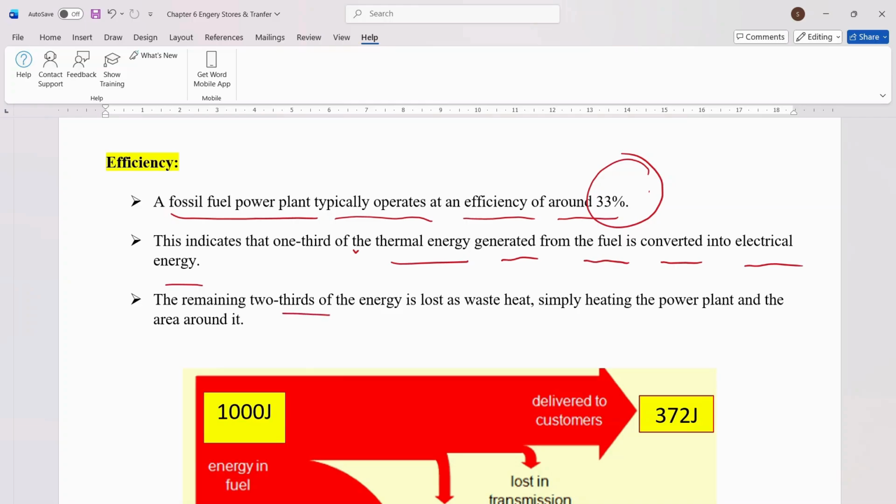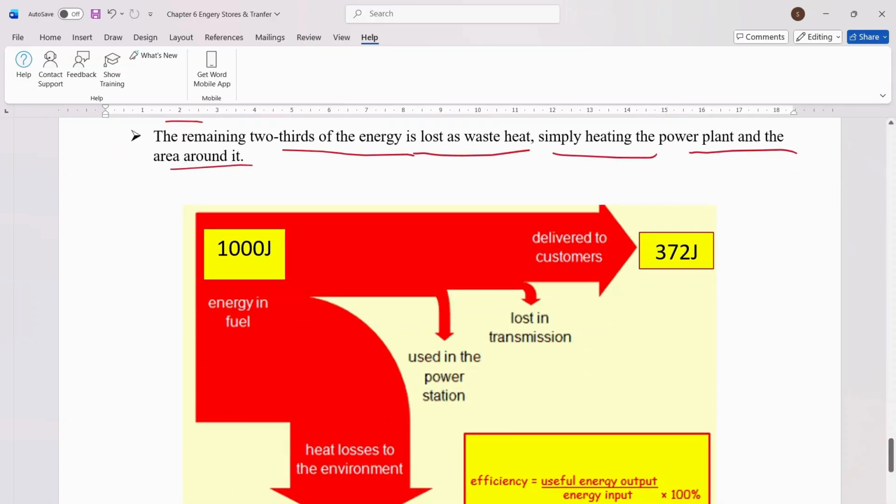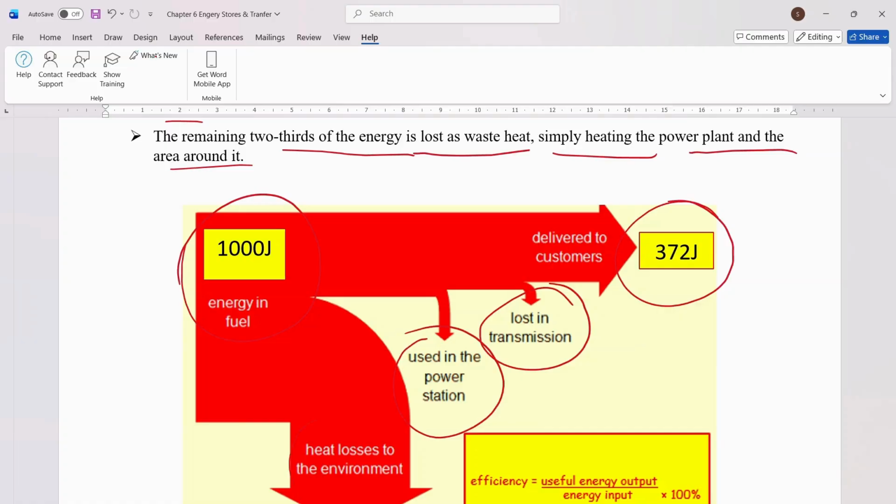The remaining two-thirds of energy is lost, simply heating the power plant and the area around it. So you see, our input of energy is 1000 joules, and we are only getting 372 joules. The remainder is lost in transmission, lost in the power station, lost as heat in the environment.